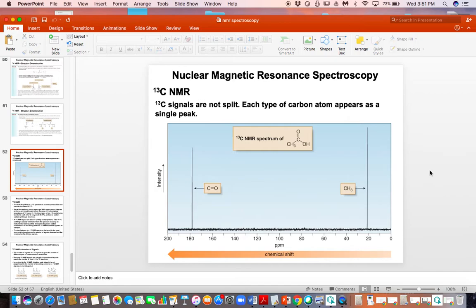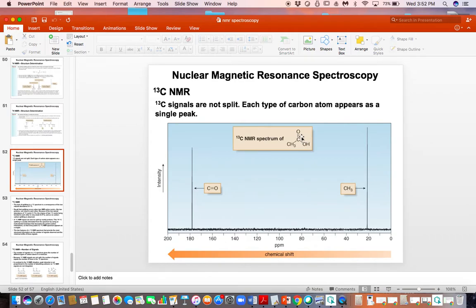Just like with proton NMR, you can find carbon-13 correlation tables. I don't have one on me at the moment, but you can look it up fairly easily. But you can look at the structure and make predictions, right? So in this example, acetic acid, this carbon obviously is part of a carbonyl and it's very close to two electronegative oxygens.